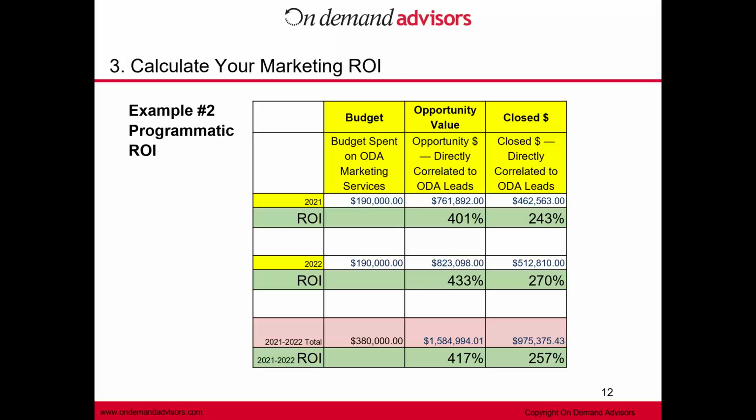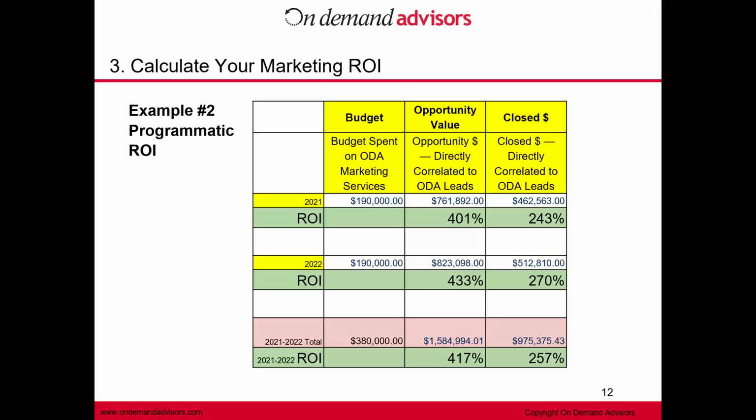You'll also notice on the close percentage that you're at 243% in 2021, and then that increases to 270%. That is a healthy improvement rather than something going wrong in the pipeline that needs further interrogation. Of course, if you want to ask us questions later offline about how to measure this, we certainly can get into the back end details.